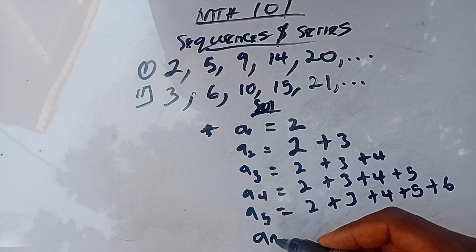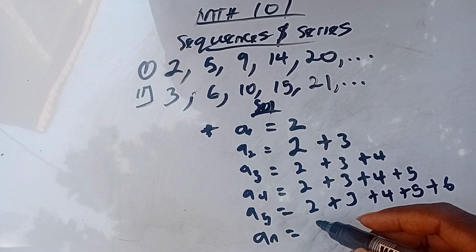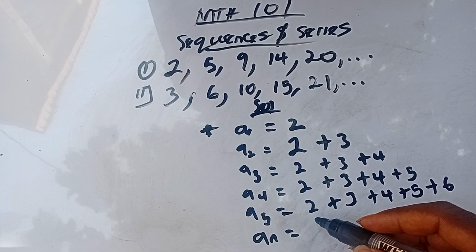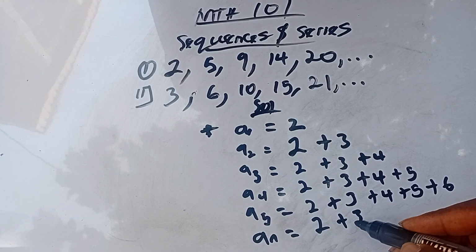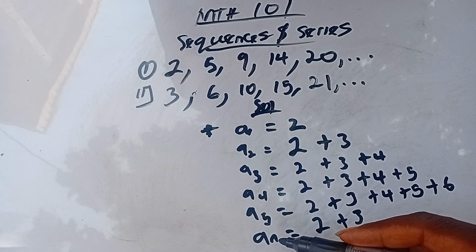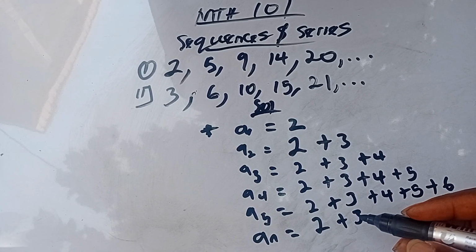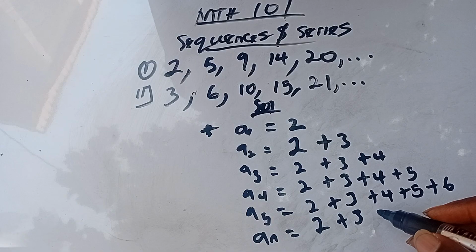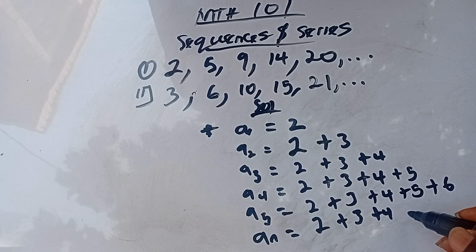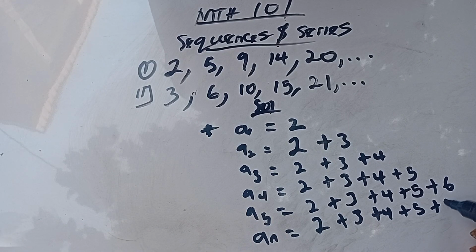So for our An, we can now create a series that follows the AP pattern. 2 plus 3, plus 4 plus 5 plus 6, plus dot dot dot plus x, where N is a number we assume, probably the 10th term or 100th term.